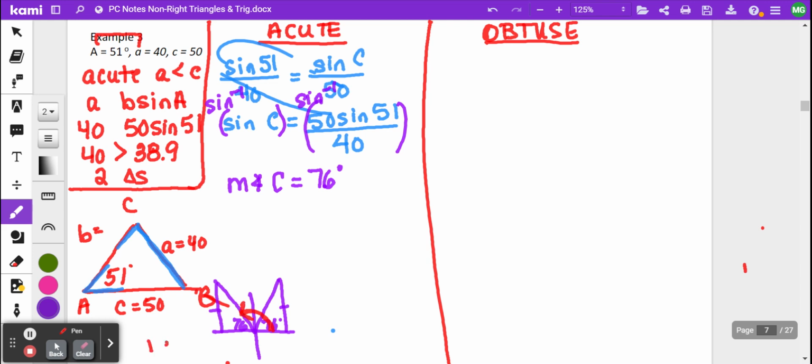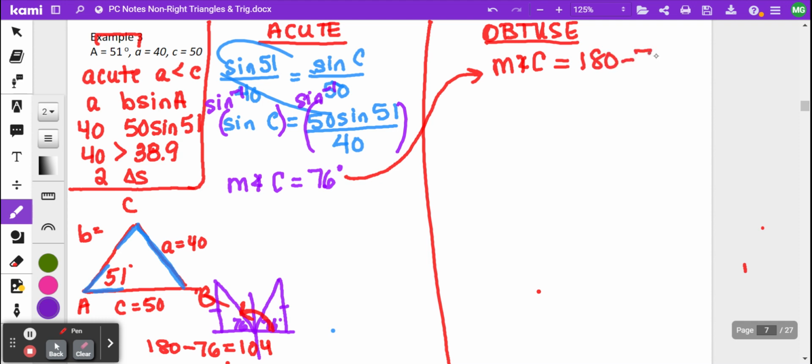It's easy: you just do 180 minus 76, and we find out that this angle could have actually been a 104-degree angle, the supplement of 76. That gives us the second scenario, where the measure of angle C might not have been 76. It might have been 180 minus 76, which is 104, which would create a completely different triangle for us.